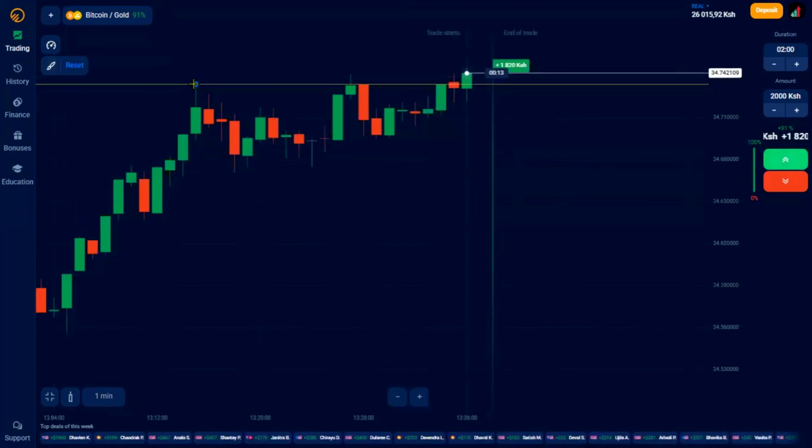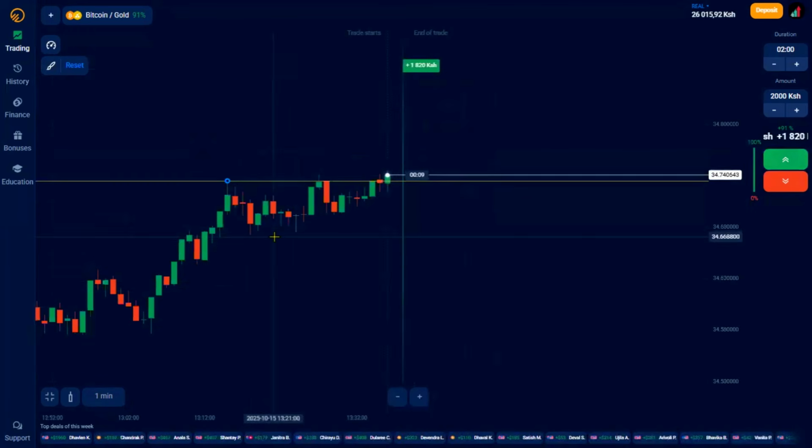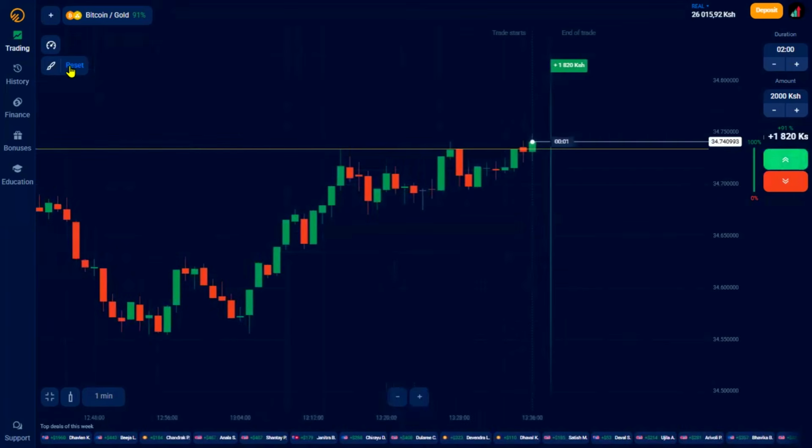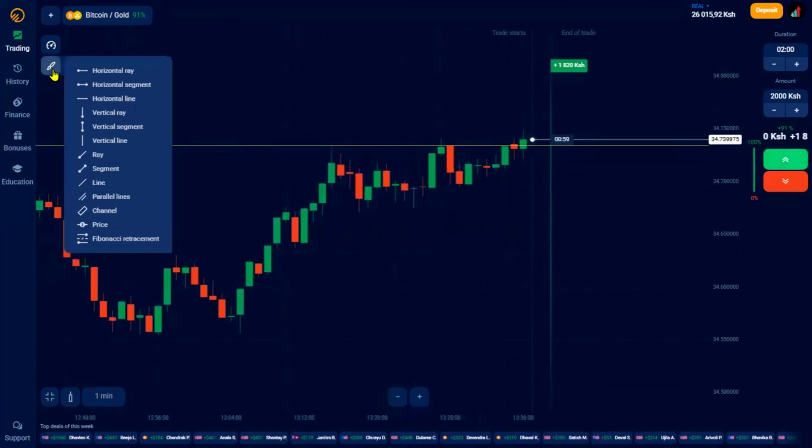You can see that this is a zone. They are now trying to break it, and I think they've already broken it. So let's analyze this chart for us to know where to place our trade.